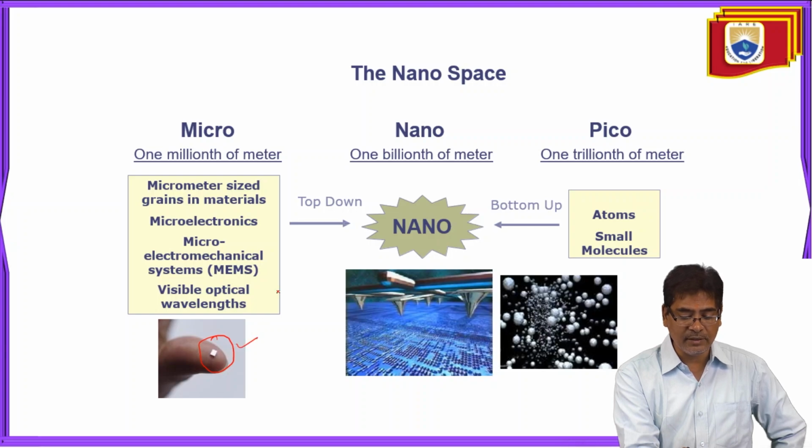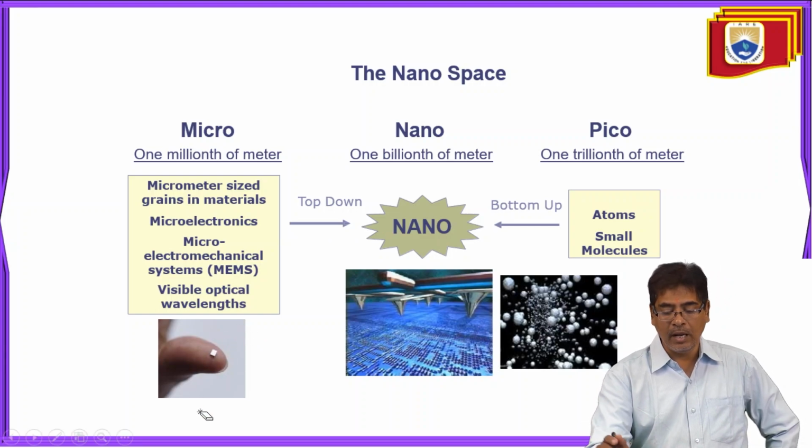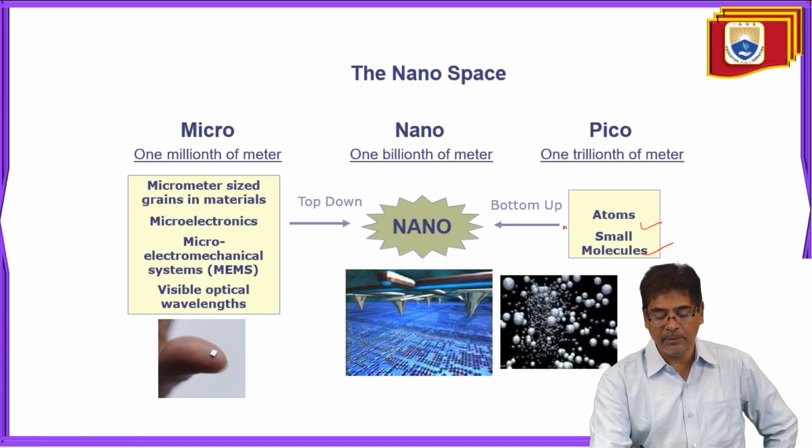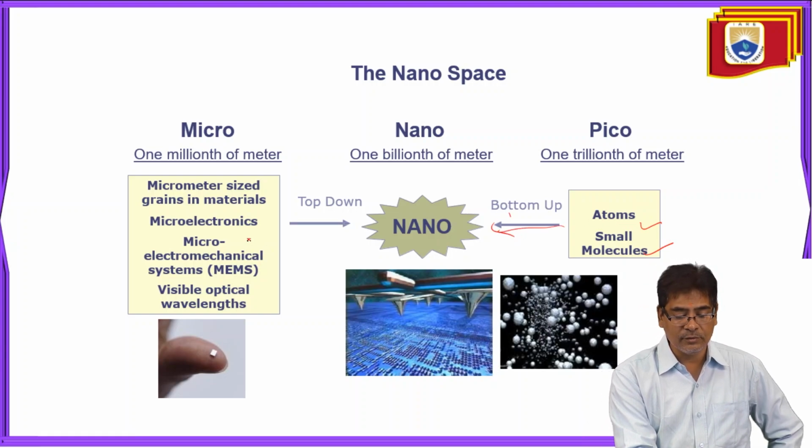And we have one billionth of a meter, from top down to nano, and from atoms and molecules it becomes bottom up. Top down means one millionth of a meter, micro-sized material, micrometer-sized grains in materials, microelectronics, MEMS, visible optical wavelengths.